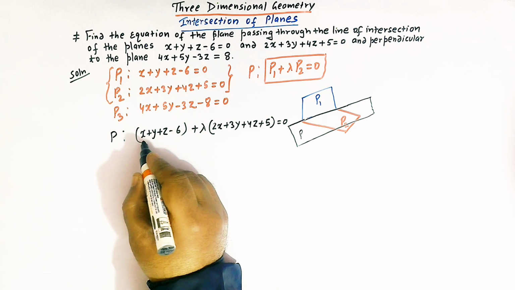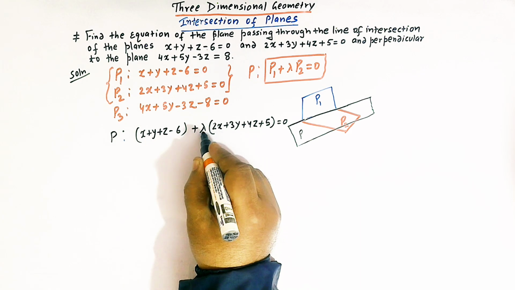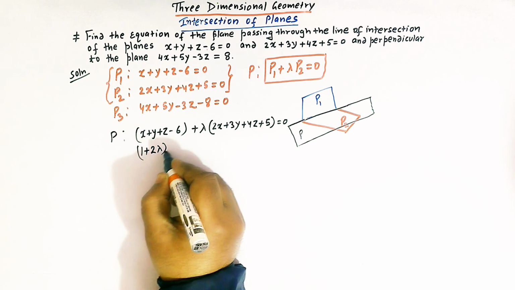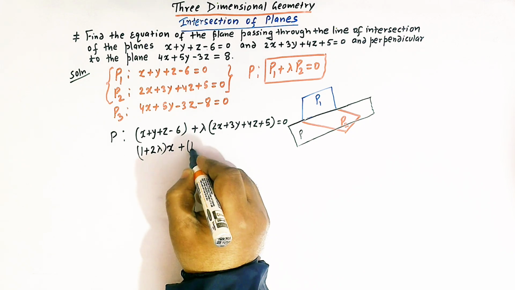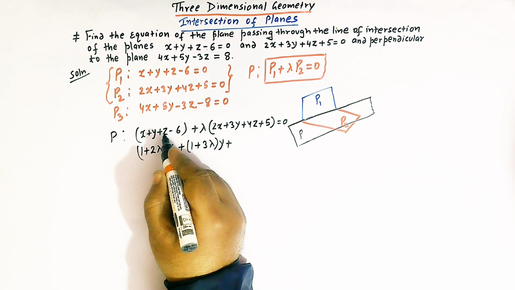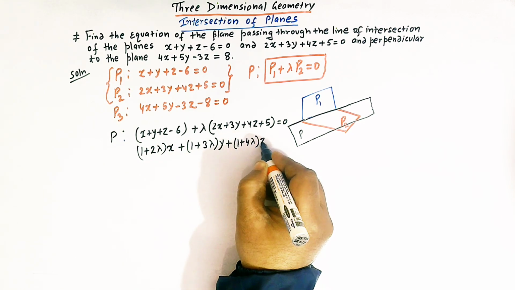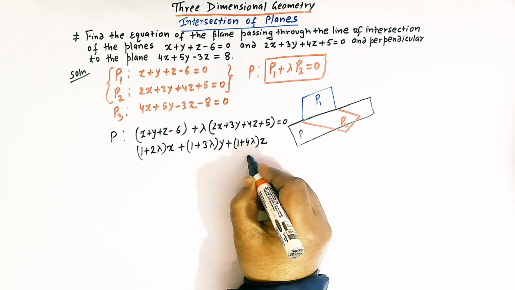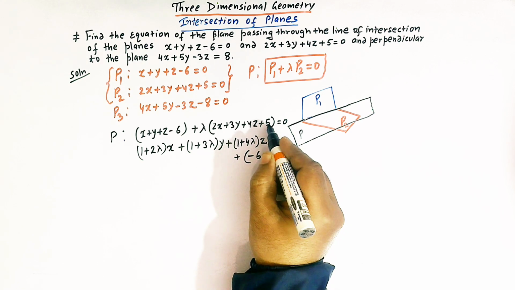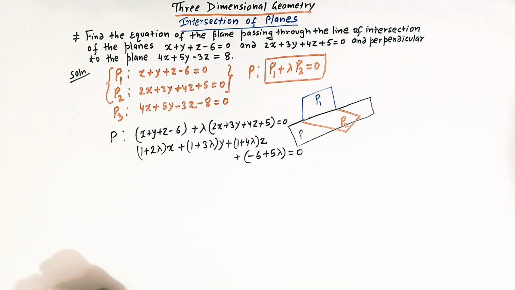Now let us rearrange the terms. We have x and 2 lambda x, so we can write (1 + 2 lambda)x + (1 + 3 lambda)y + (1 + 4 lambda)z, and then we have -6 + 5 lambda = 0.